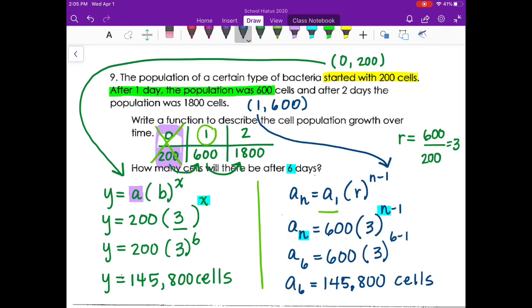So you see that an exponential function and a geometric sequence are basically the same pattern, and we just have two different ways of setting it up. The important thing to determine is, are we starting with term 0 at the y-intercept of the function, or with term number 1?